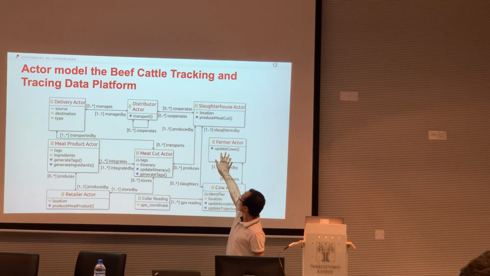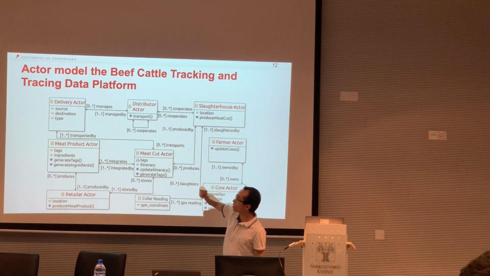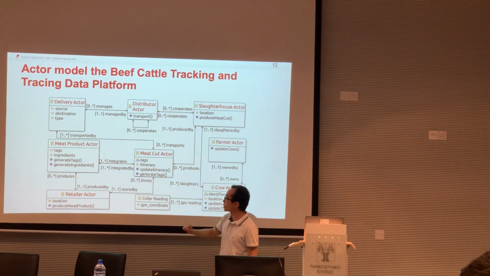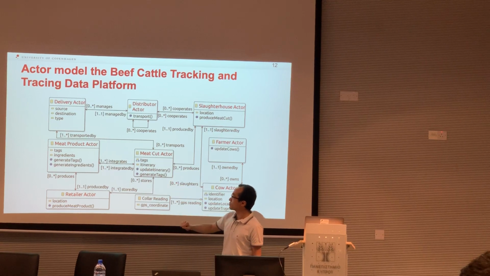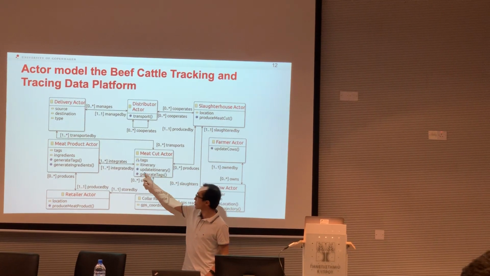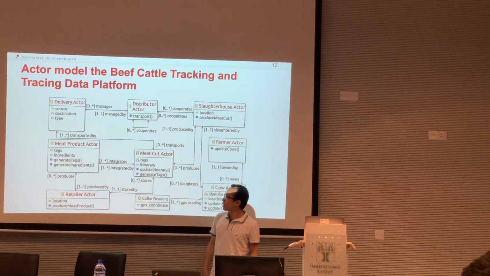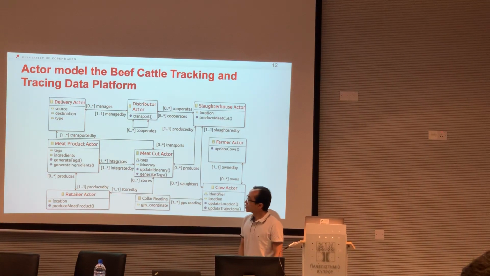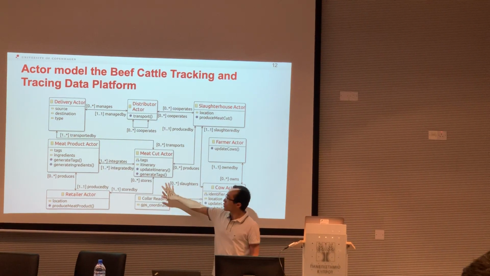After the cows are slaughtered by the slaughterhouse, it generates a lot of meat cuts. So each meat cut, we can model as a meat cut actor with the tags and itinerary attached to this meat cut actor. Later on, I will talk about whether this is really good.